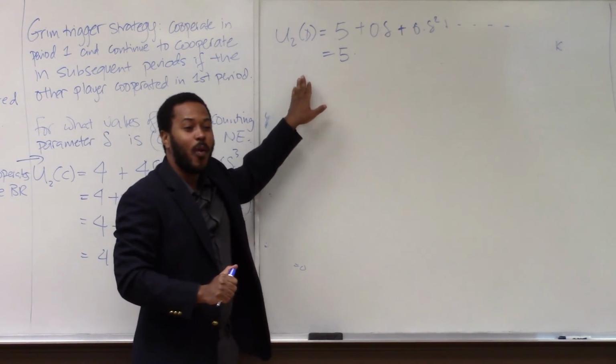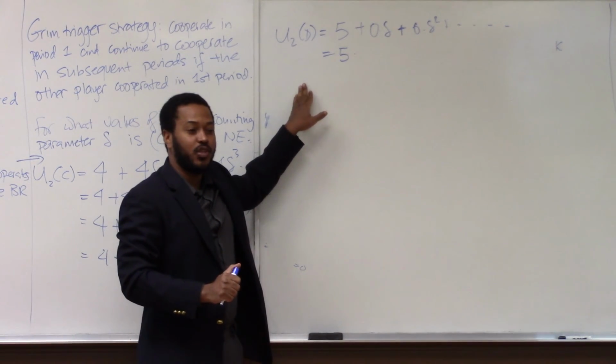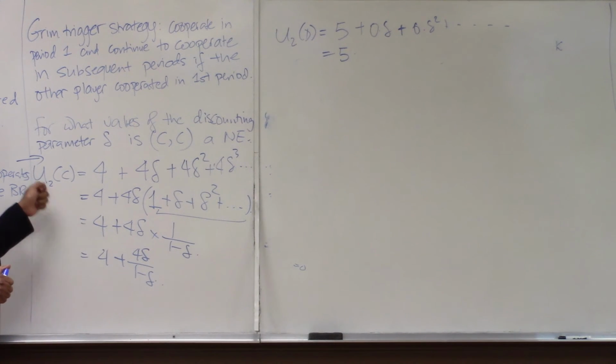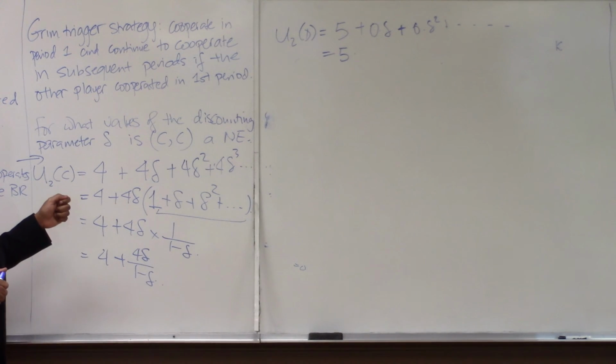So when is it going to be optimal for player 2? Under what conditions, for what values of delta, is it going to be optimal for player 2 to play cooperate, given these strategies? How do we find that?